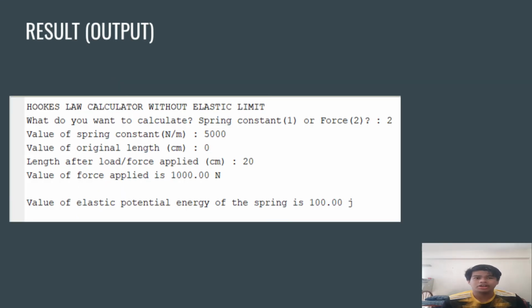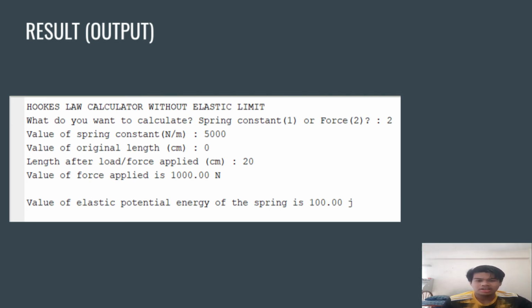This is the result, which is the output after the user enters the input. We stated that this is the Hooke's law calculator without estimating the elastic limit. The user chooses between spring constant, which is 1, or force, which is 2. The user enters number 2. For the value of the spring constant, the user enters 5,000 newtons per meter.